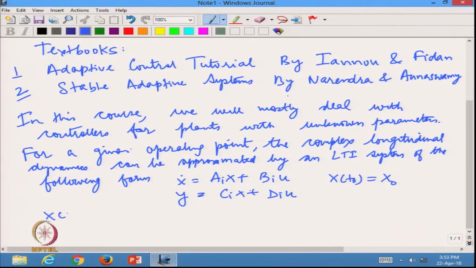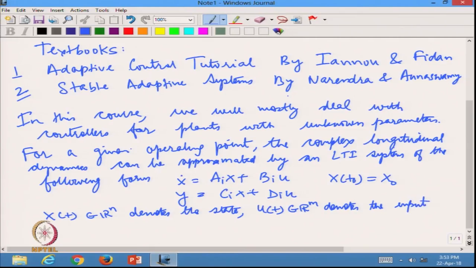Here x of t denotes the state, u of t denotes the input, y of t denotes the output of the plant, and the plant here is the longitudinal dynamics of an aircraft.